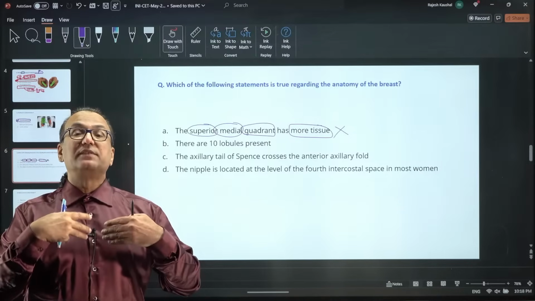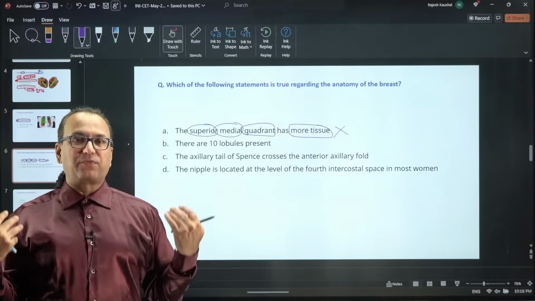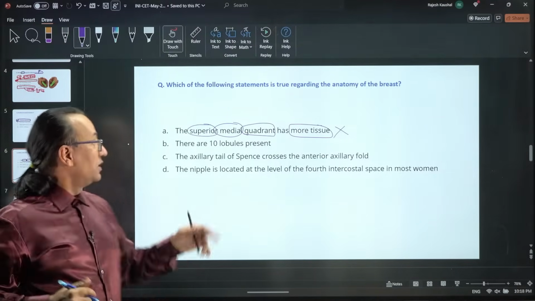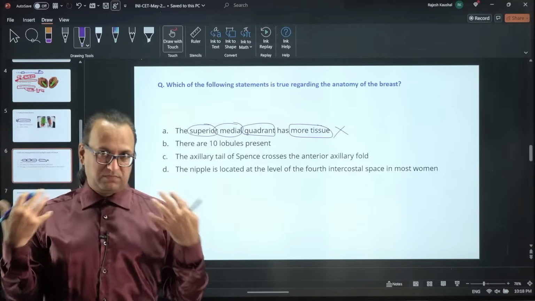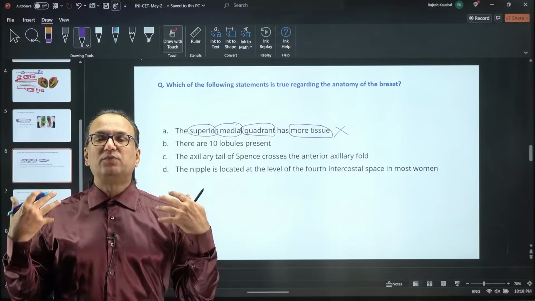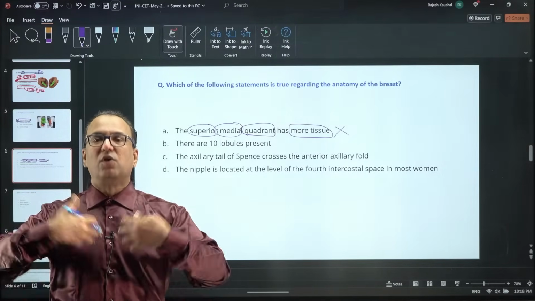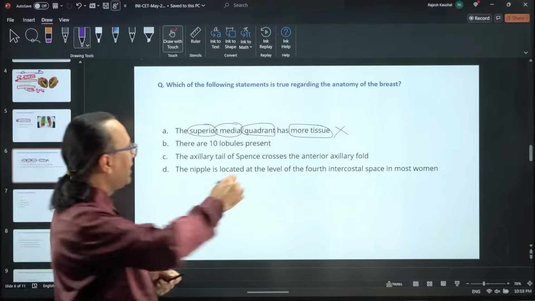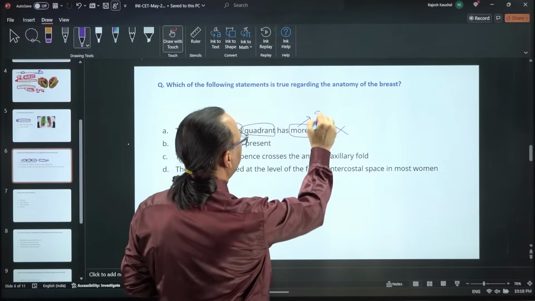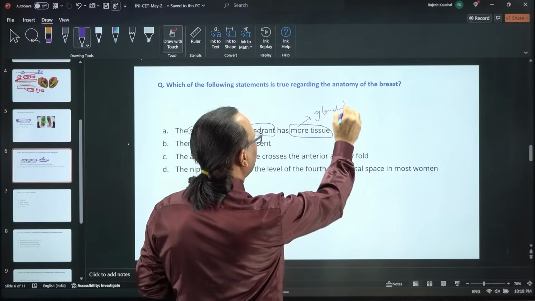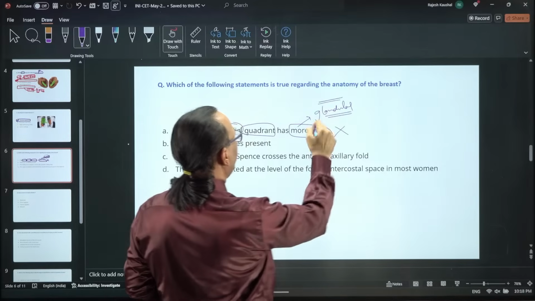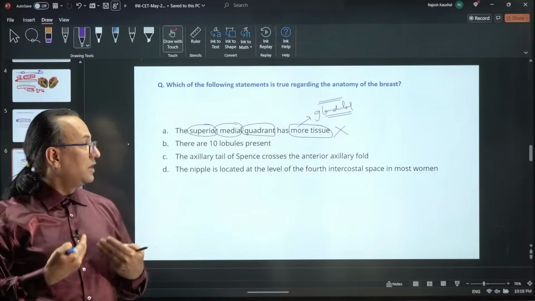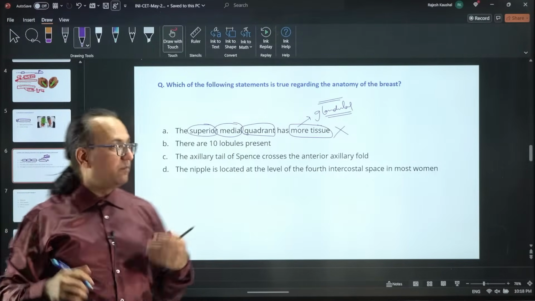It is the superior and lateral quadrant which has more tissue, and you will find that cancers are also more common there. I am talking about glandular tissue. The mammary gland is a gland, so there is more glandular tissue on the upper and outer quadrant, not medial.